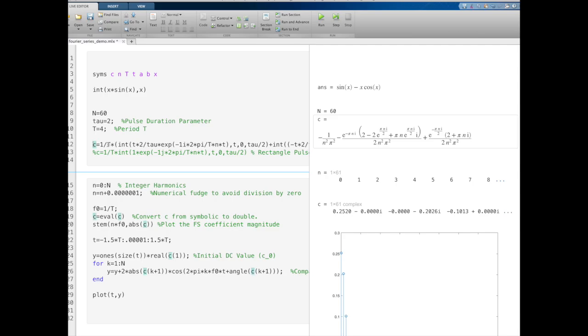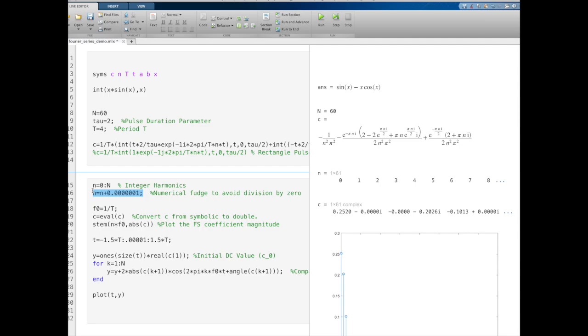We did in this step a symbolic integration. So C is actually a symbolic variable at this point. And from there, I'm assigning the harmonics. Okay, so I know that I'm going to add up the first 1 to n harmonics. 0 is included because 0 is the DC term. And then I do this little fudge where I know that n equals 0.